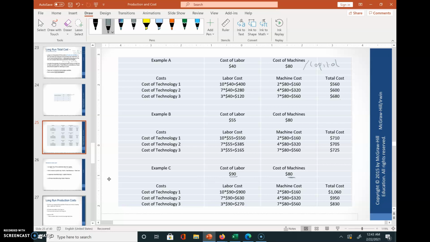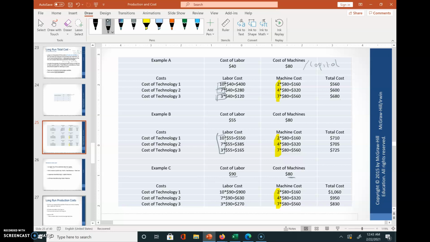As the cost of labor is going up from 40 to 55 to 90, I'm gonna look at the quantity of labor going down and the quantity of capital going up.